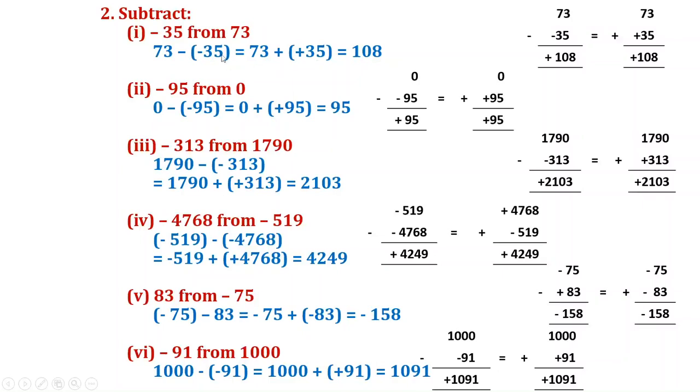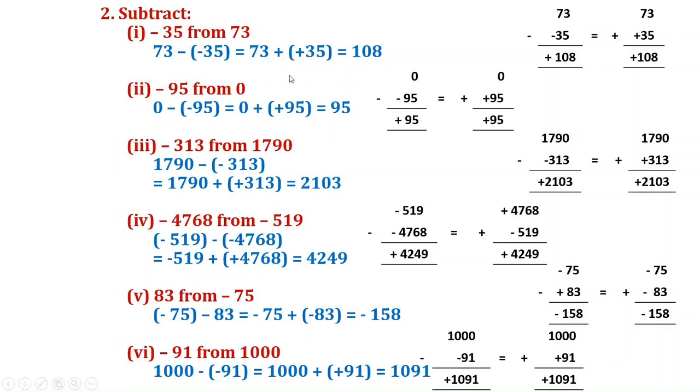So first you write the first number as it is, which is plus 73 only. To convert subtraction into addition, change the minus sign to a plus sign here and take the additive inverse of the second number. The additive inverse of minus 35 is plus 35. So now it is 73 plus 35.